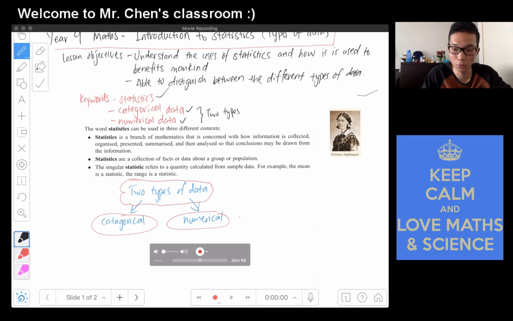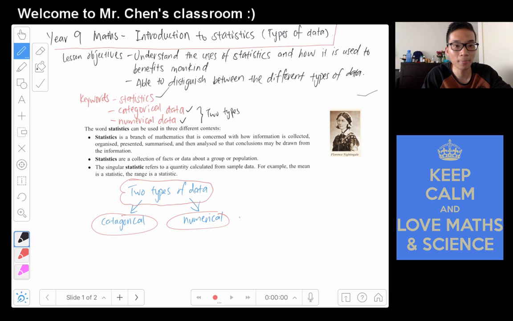Statistics has been used since ages ago, a long time ago, and in today's world, a lot of our information is recorded, and when it is recorded, it is analyzed to study the relationship between two different things, or to see the number of children in families, the number of unemployed people, and how much food is produced in which country, etc. And the most obvious one is your daily temperature from the Bureau of Meteorology.